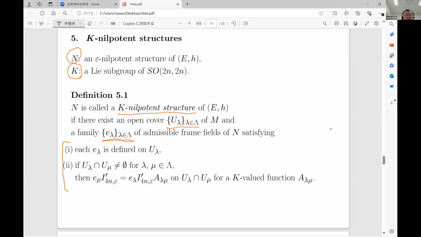Each small e_lambda is defined on U_lambda. And if the intersection of U_lambda and U_mu is not empty, then we have this on the intersection, for a K-valued function A_lambda mu.